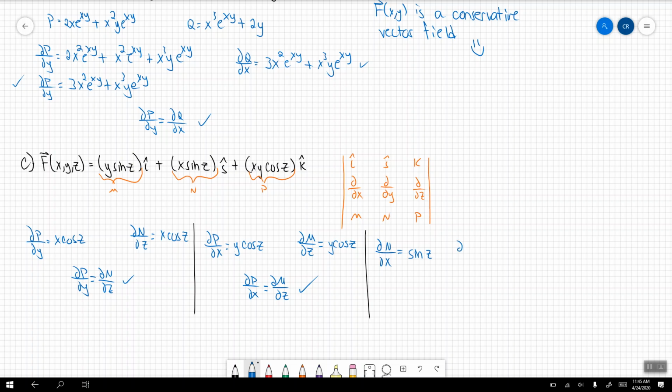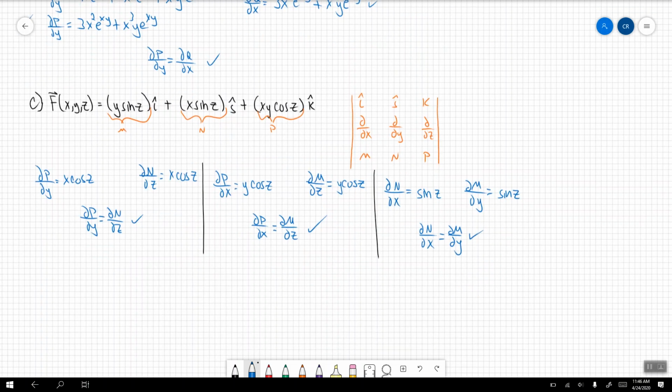And then that must be equal to the partial of m with respect to y, which is just sine of z. Which means they are equal to one another. Nice. So what we can say at this point in time is f of xyz is a conservative vector field.